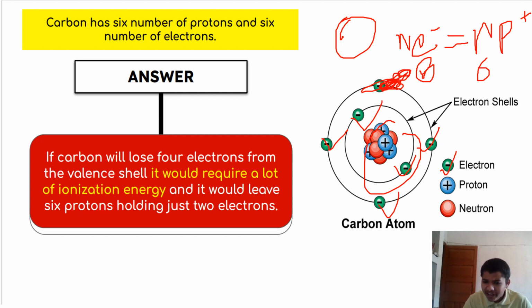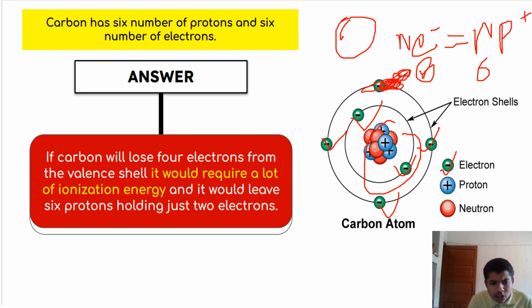If it will lose 4 electrons, then a lot of ionization, means a lot of energy will be required. And the electrons don't have the capability of losing so much energy. They only want to lose a low amount of energy.